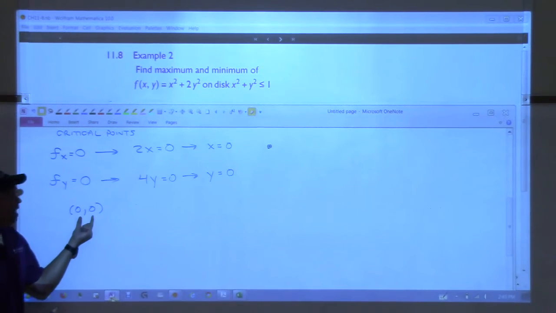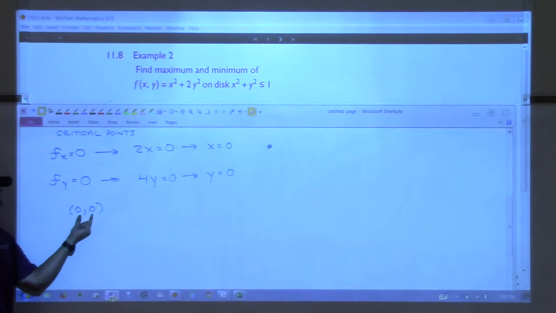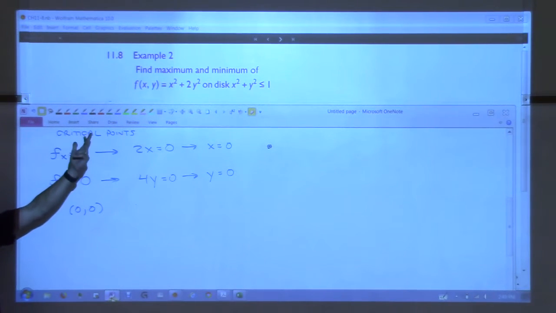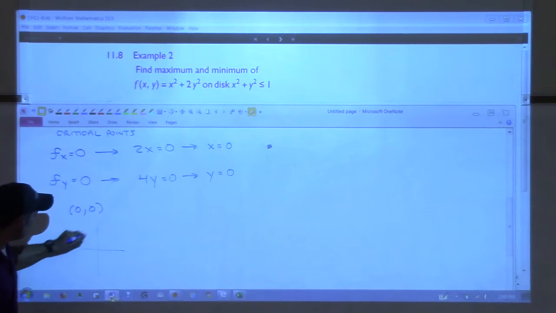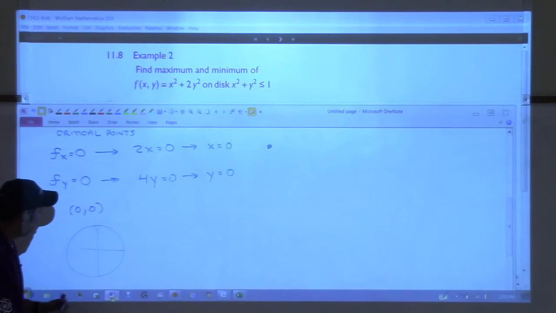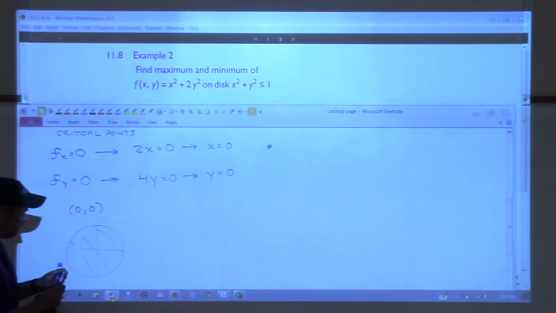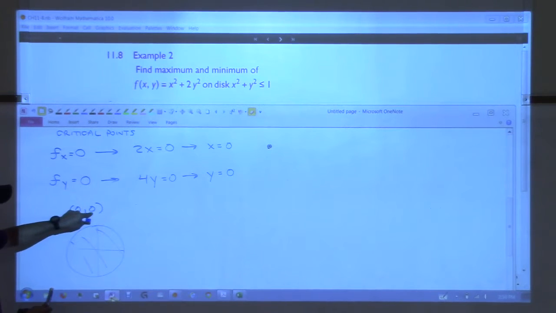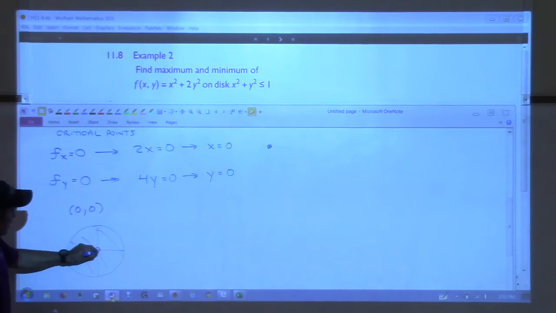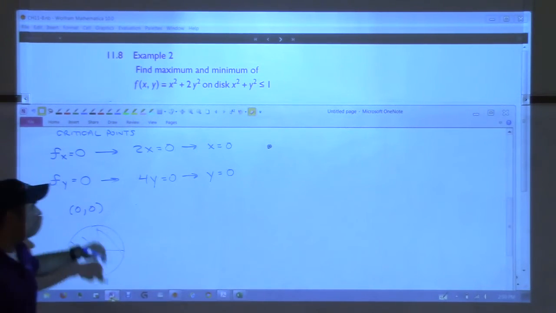And this is okay to have now, because this lives in the disk. That wouldn't have satisfied equation 3 from the previous example. But now we're looking not only on this boundary, but inside of it. So when we find this critical point, we ask, does that live in here? Yes, it does, and that means we need to check it. We take this point and plug it into the original function.